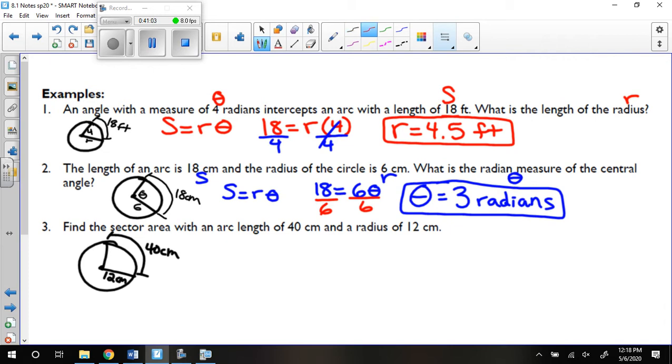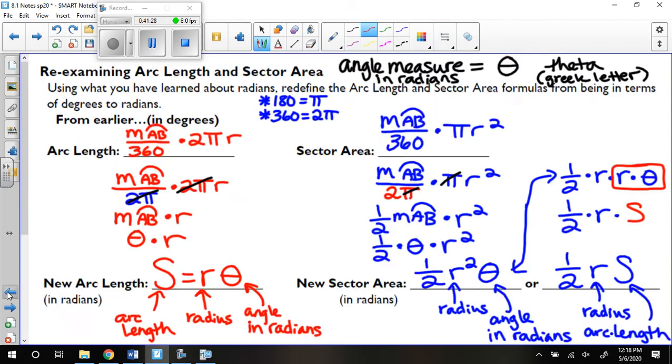And we're finding sector area, which means we're finding this shaded bit right here. Since it mentions sector area, and I have an arc length, which is s, and a radius, which is r, let's look back at our formulas for sector area and see which one has an s and an r in it.